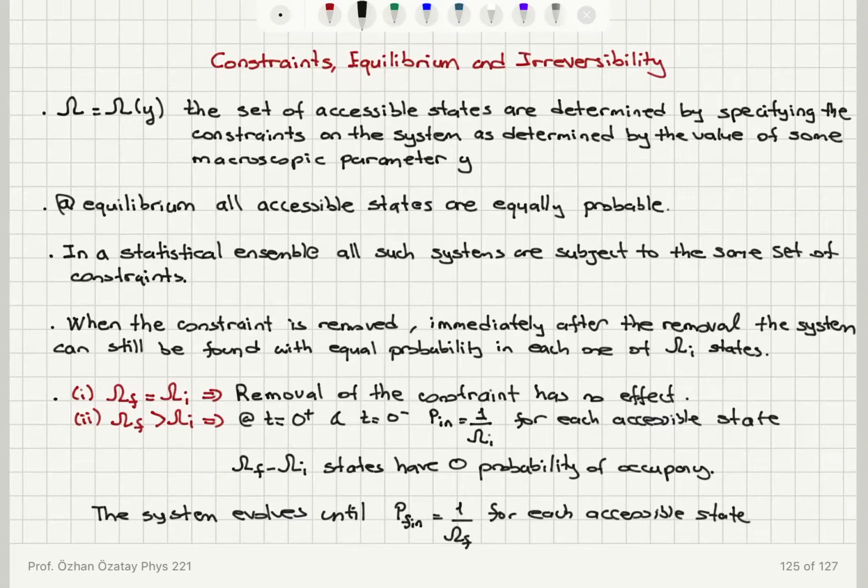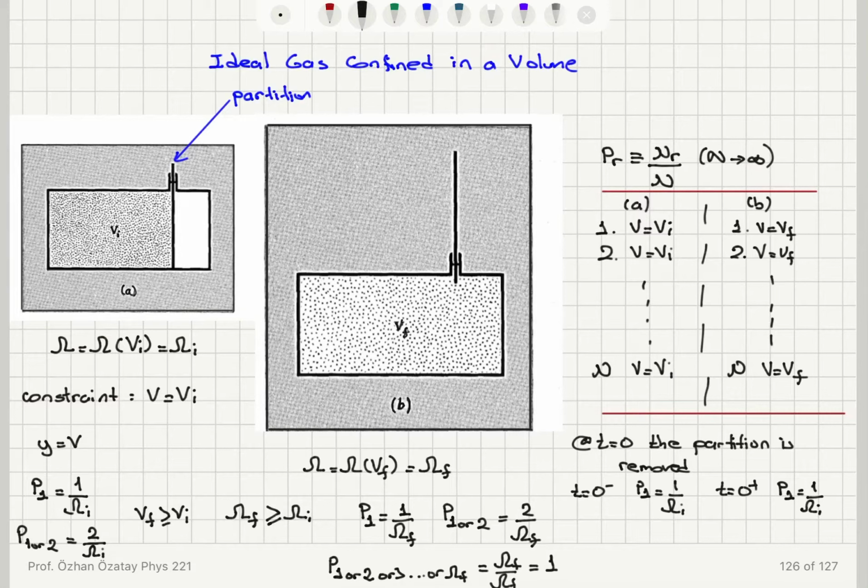So we're going to see in this case at t equals to 0 minus and 0 plus, the probability of one accessible state is 1 over omega initial. For t much greater than 0, the probability of having one accessible state will be 1 over omega final. This is going to be corresponding to the final equilibrium situation.